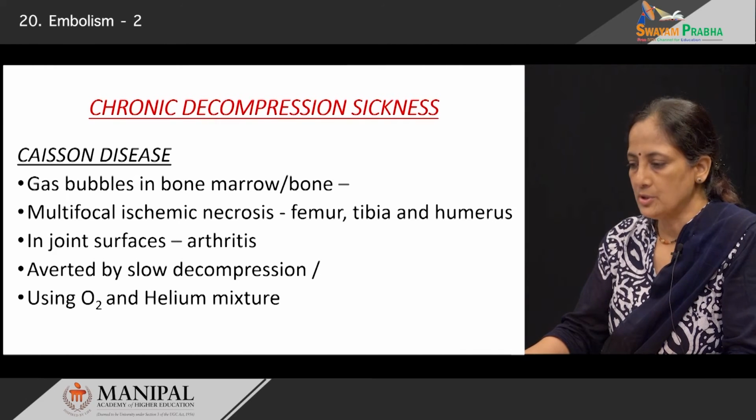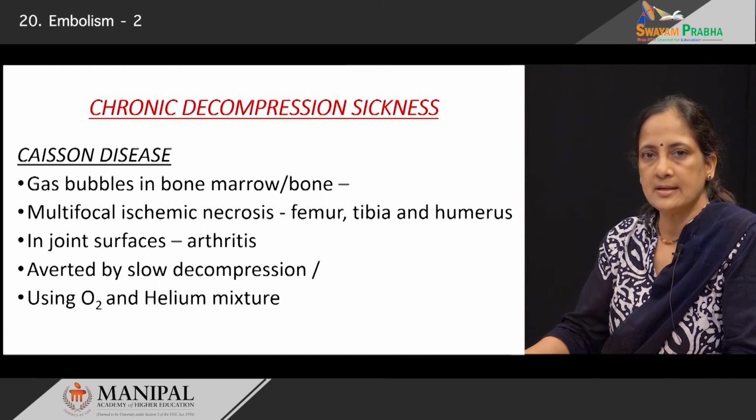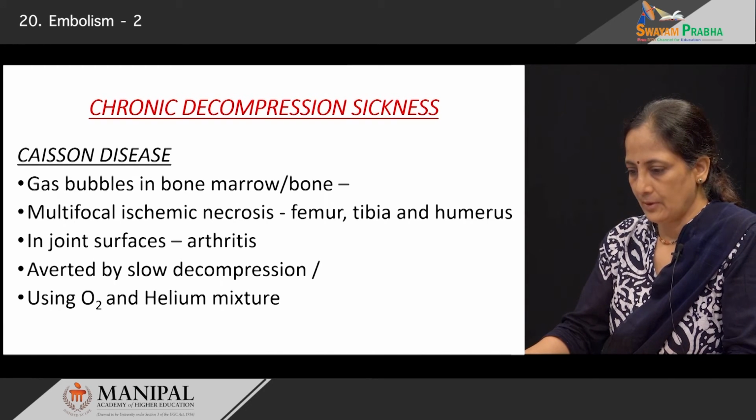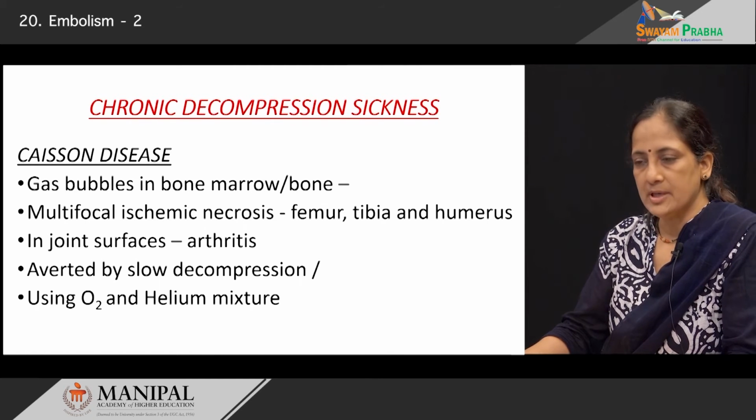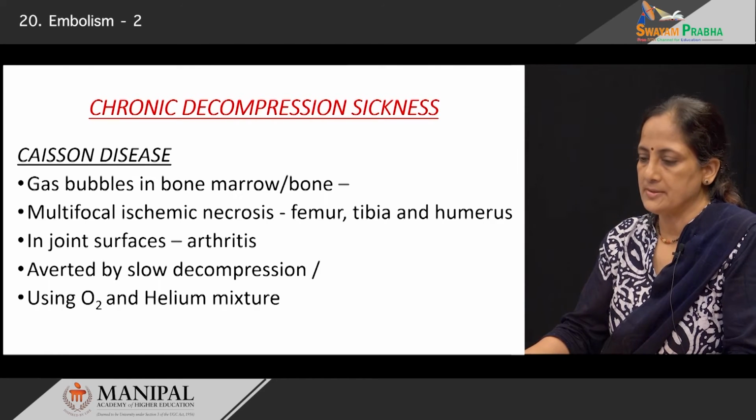The bones involved usually are the femur, tibia and humerus. When bubbles affect the joint surface, it results in arthritis. Again, this can be averted by slow decompression or giving them an inhalation mixture which contains oxygen and helium instead of nitrogen.